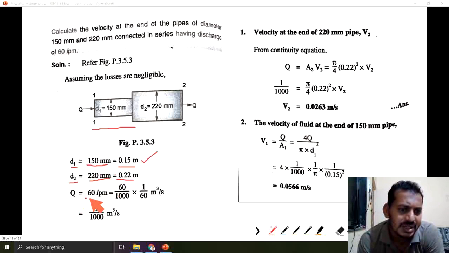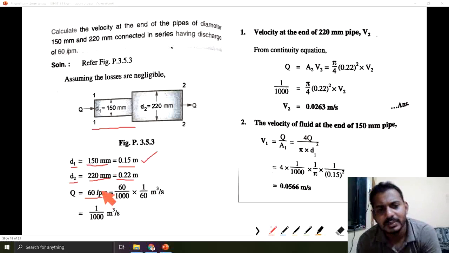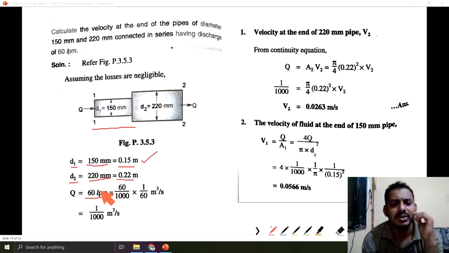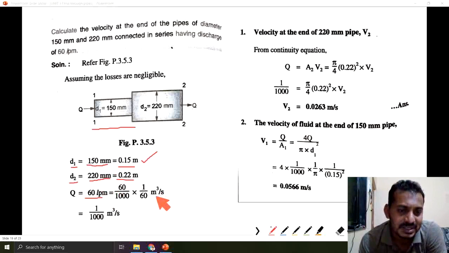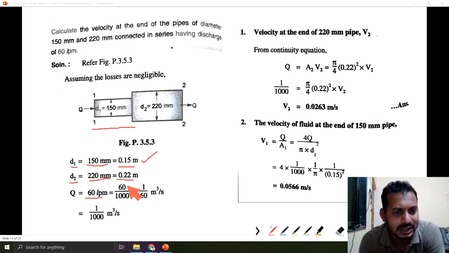Again, now here the discharge is given in liter per minute. Liter per minute is not the SI unit of discharge. The SI unit is meter cube per second. First, to convert liter into meter cube, we need to multiply by 10 raised to minus 3, or divide by 1000, one and the same thing.